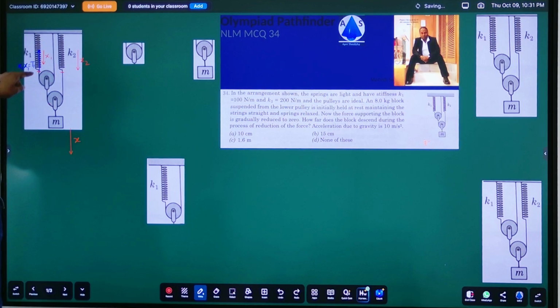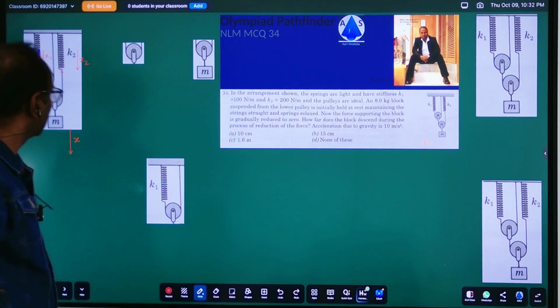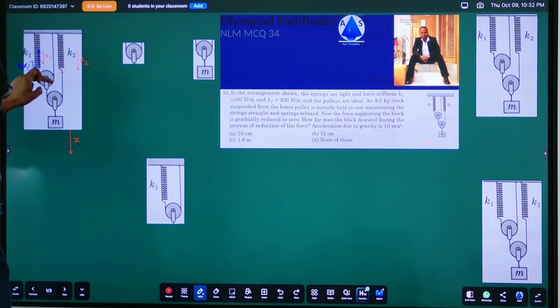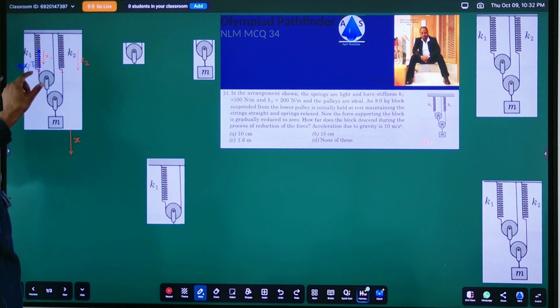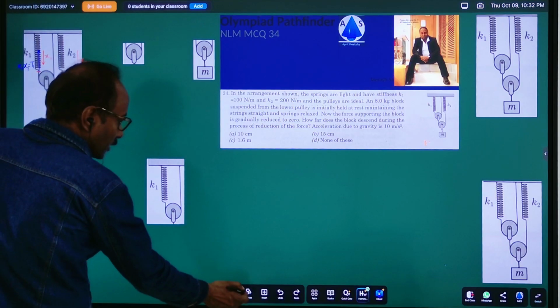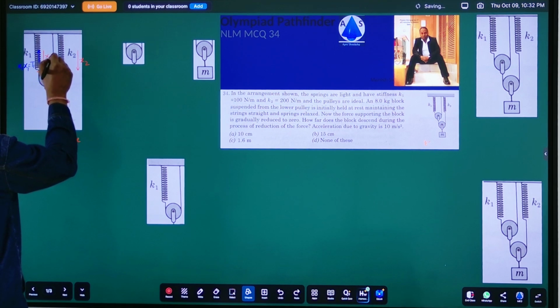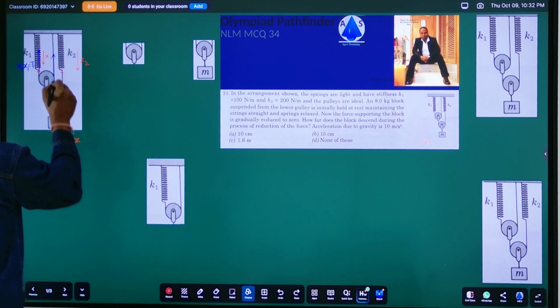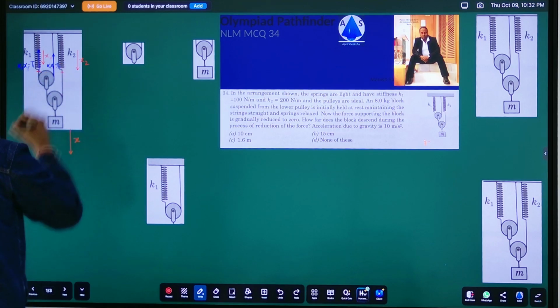Since this string is massless, the tension in the entire string at any point will be K1 X1. So on this side of the pulley, K1 X1 is the tension. On the other side of the pulley also the tension will be the same, that is K1 X1, let us say P1.